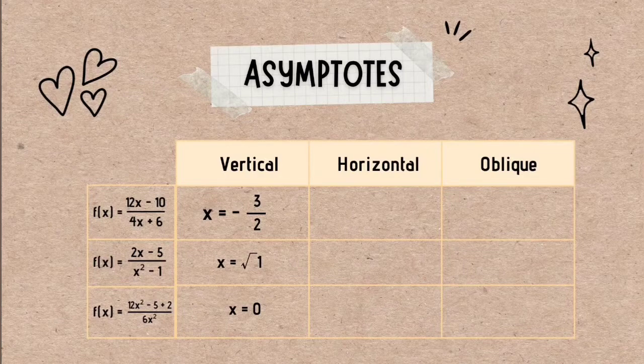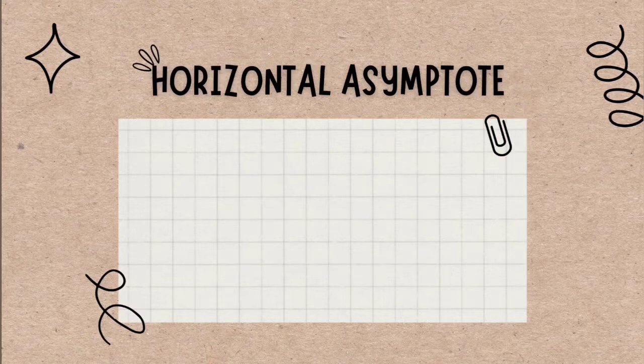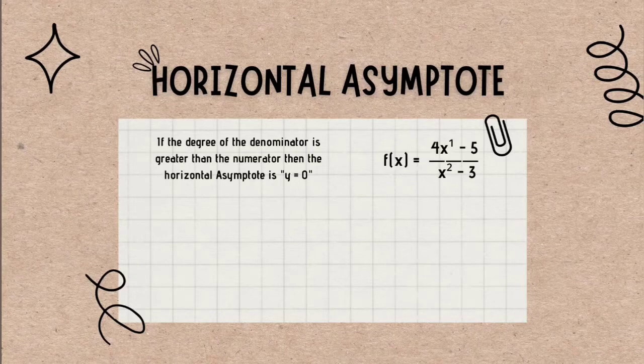So, let's talk about horizontal. Horizontal asymptote focus on the highest degree on numerator and denominator. So, horizontal asymptote has 3 rules. If the degree of denominator is greater than the numerator, then the horizontal asymptote is equal to 0.